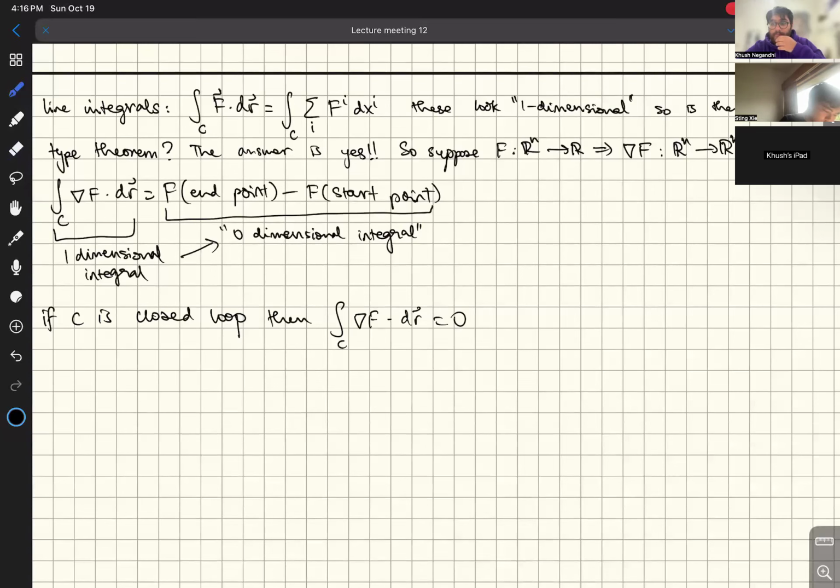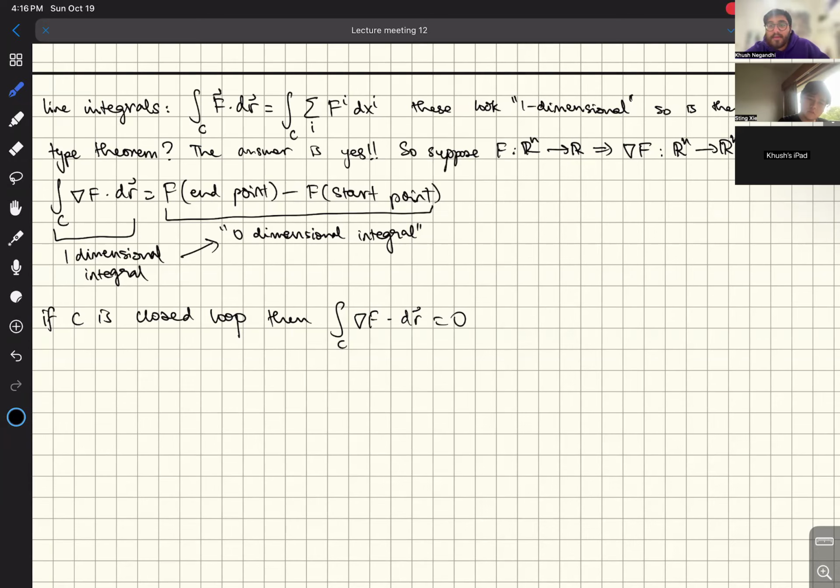Look at the subtlety here. We saw that the integral of the derivative of something is zero along a closed loop, and now we're asking the reverse question. I have something whose integral is zero. Is it true that it must be the derivative of something?